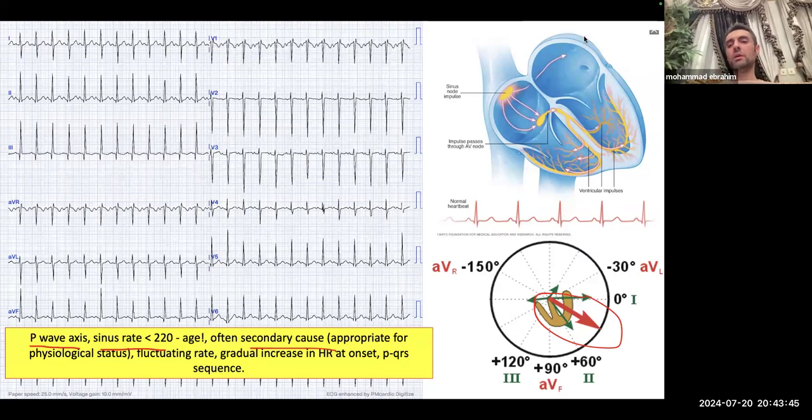Make sense, guys? I want to make sure I'm not very fast here, so please stop me. Sinus tachycardia should make sense. It should be physiological, appropriate for the patient's physiological status. Agree? Understood?